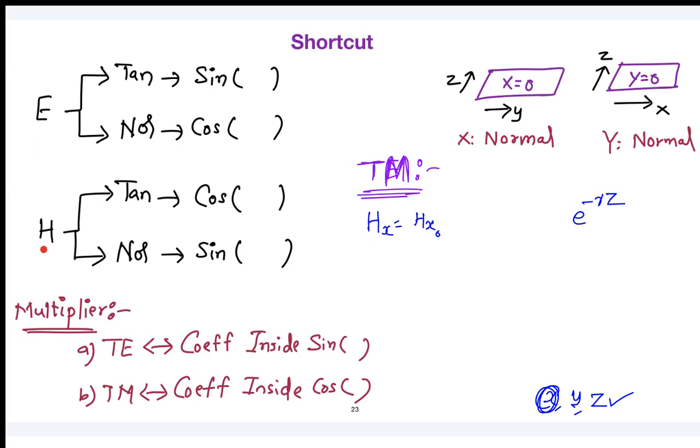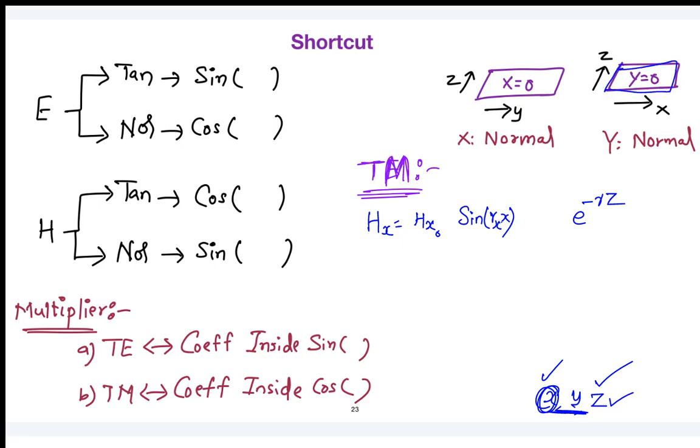So in a magnetic field, and since x is normal here, you are going to get a sine coefficient. The first variation you are going to get is sin(γx·x). Okay, what about the y variation right now? The x variation is over, the z variation is over. Now, when you are writing the y variation, look at this particular plate.